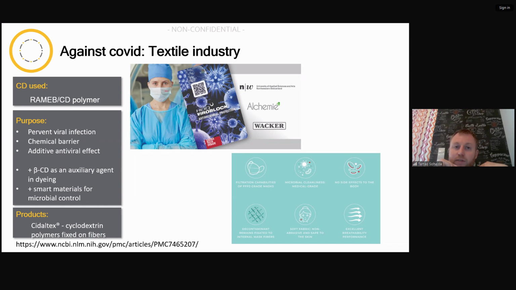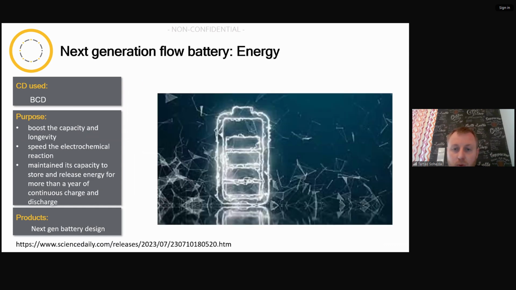And this effect can be exploited if it's incorporated into the mask itself. So technically it's a combined effect, the physical and the chemical barrier. And different types of cyclodextrins were used for this purpose, both monomers and cyclodextrin polymers.